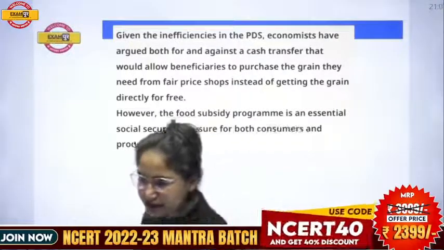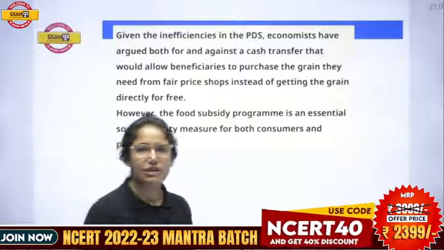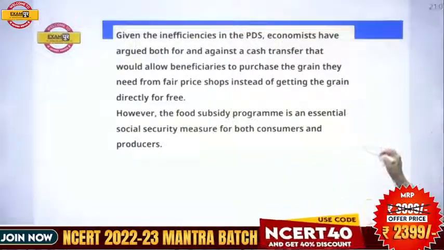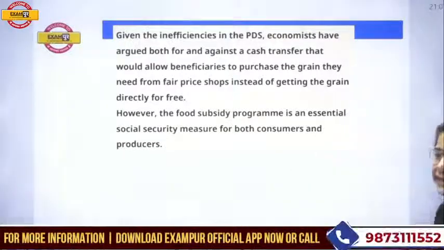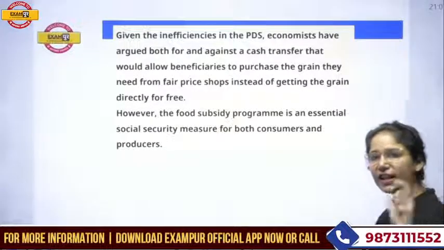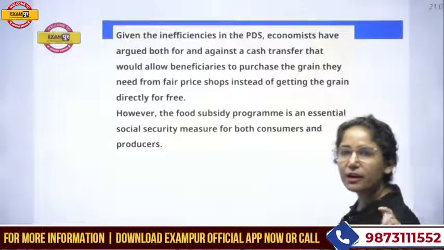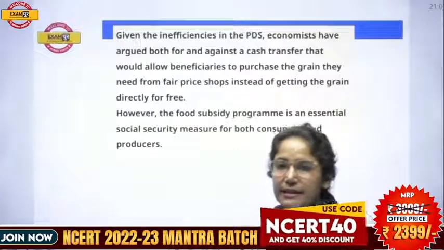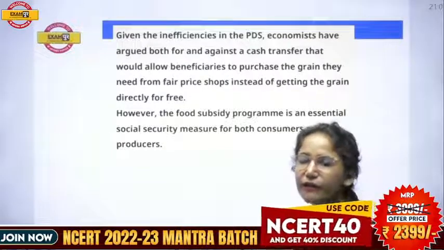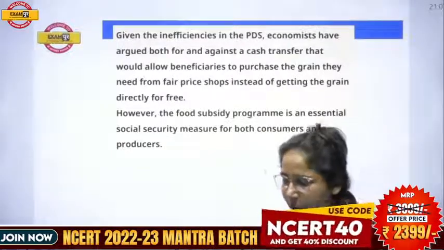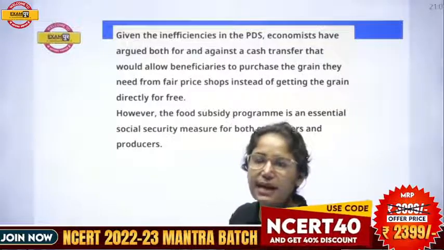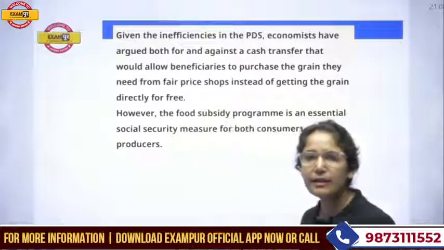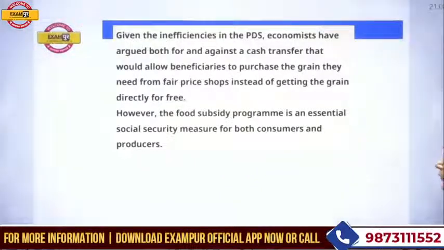We are just trying to say that instead of providing these facilities for free, it would be better to charge a price so cheap that they can have access, at least 1 or 2 rupees for the food grains, for the rupee you are spending on the expenditure that is for survival.